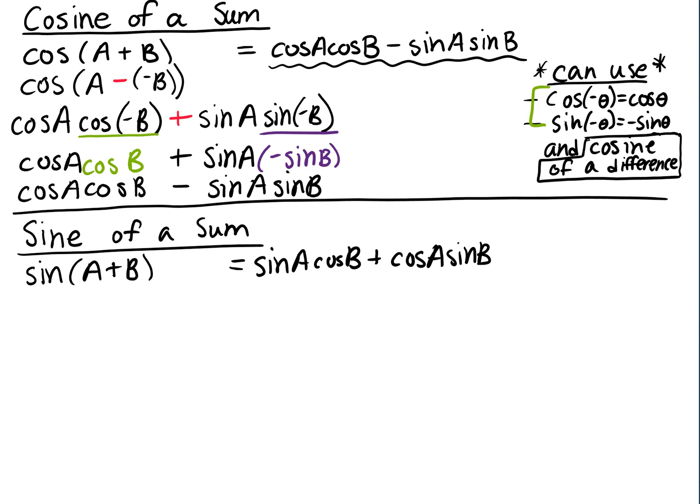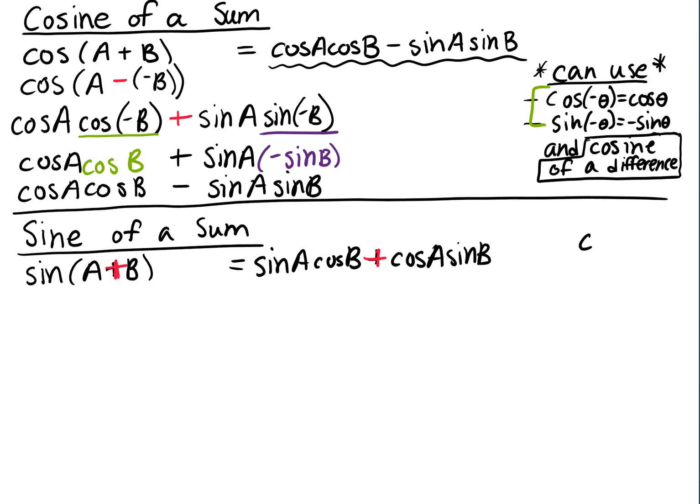It doesn't go cosine, cosine, sine, sine. It goes sine, cosine, cosine, sine. But the inside, the adding here, does match up with the adding here. So each of the identities has something that switches or is opposite.